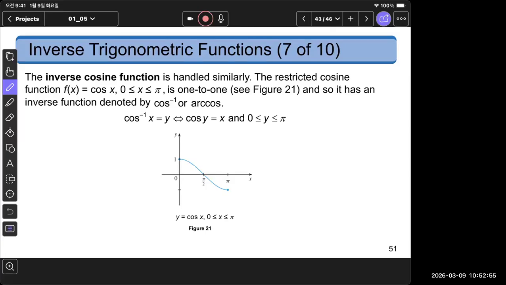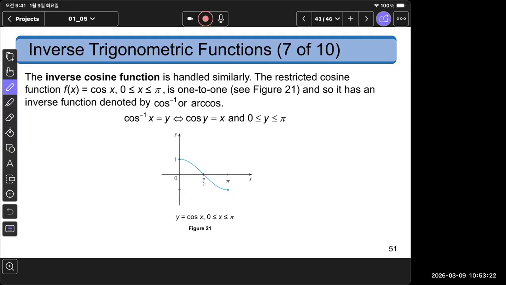The cosine function is not one-to-one either. In order to consider the inverse, I need to restrict the domain of the cosine function so that the function becomes one-to-one. Since the cosine function is an even function, if I restrict the domain to negative half pi to half pi, the function is not one-to-one.